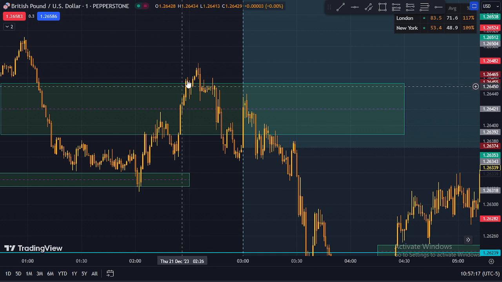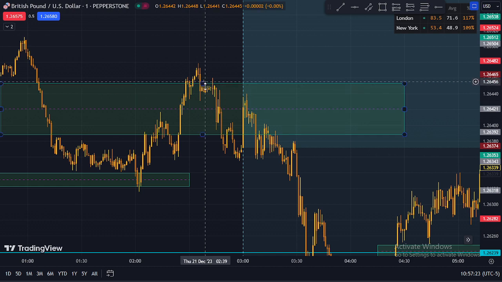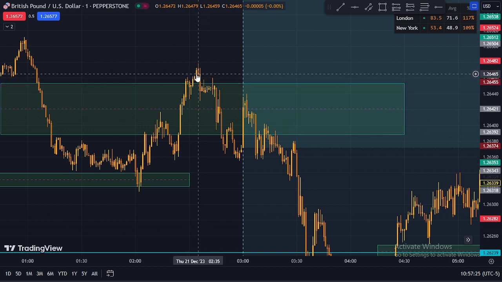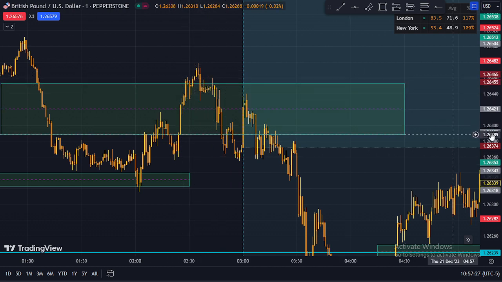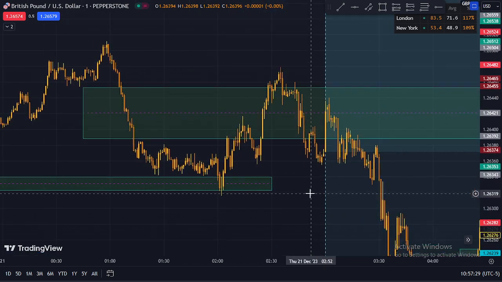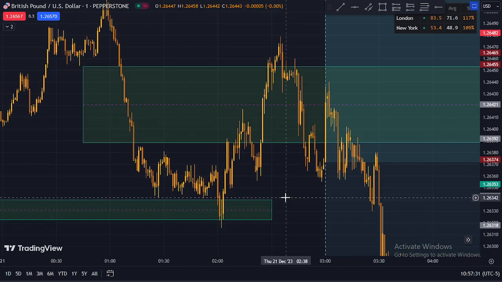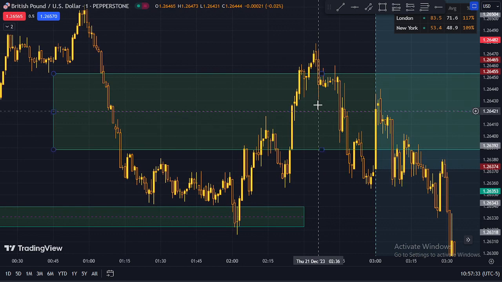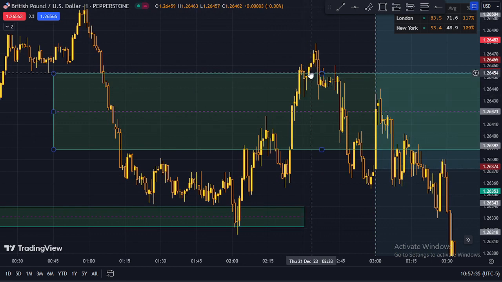So we had this low being taken right there, and then we had this move to the upside inside the fair value gap, and also we had an inversion fair value gap right here, as you can see. So we had this being an inversion fair value gap, and also this gap as well.